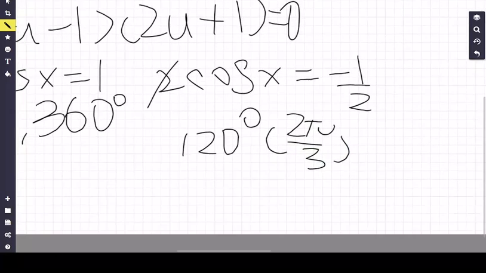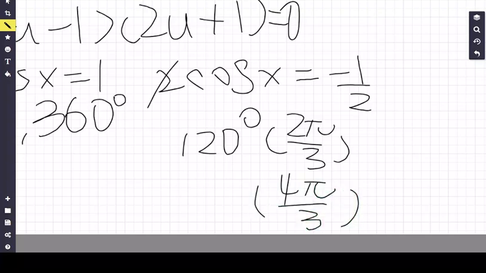And now we see something in the third quadrant that's 4 pi over 3, right? And then now we basically multiply it out, so 4 times 180 divided by 3, 240.